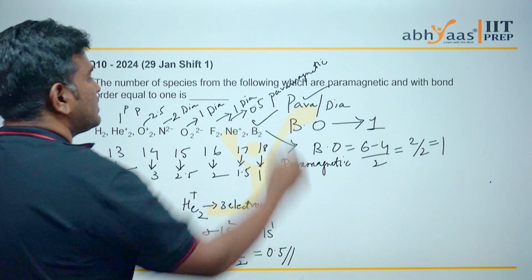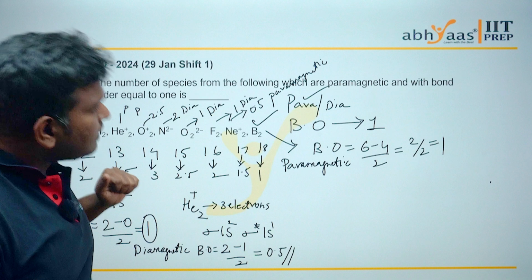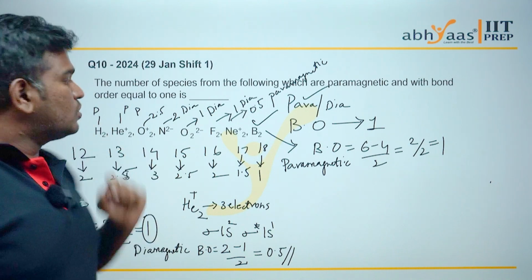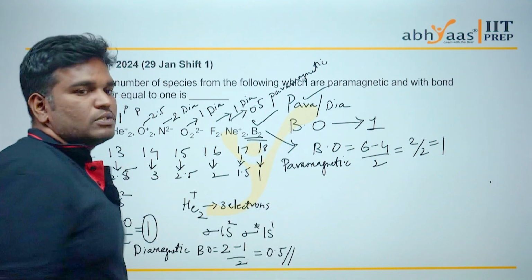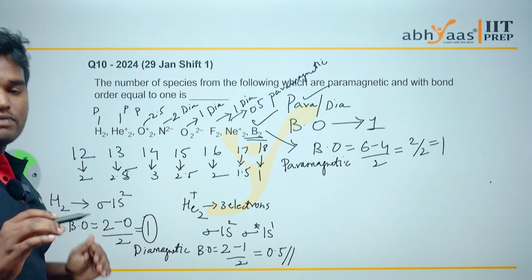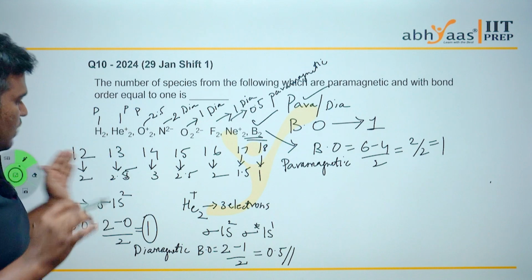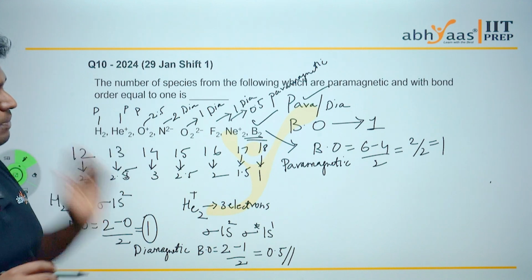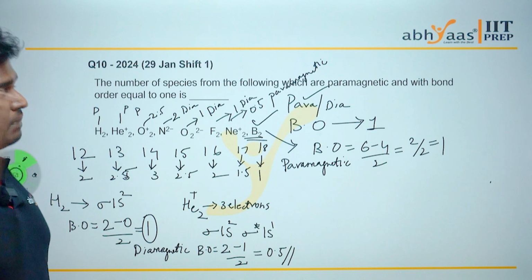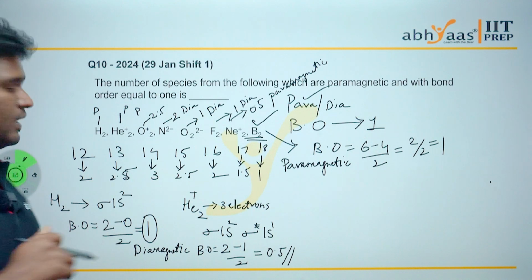The last one is the combination where we get paramagnetism and bond order 1. So you have to go for the answer B2. If you know these values and how they are coming, you can see they follow a particular pattern. Just keep that in your mind and you can do this problem fast.